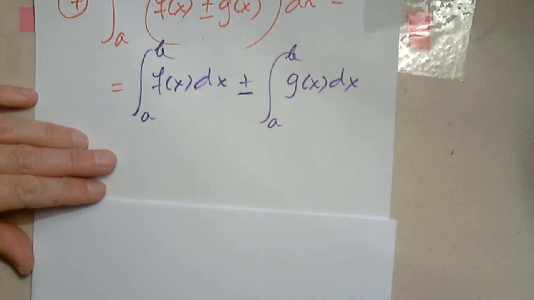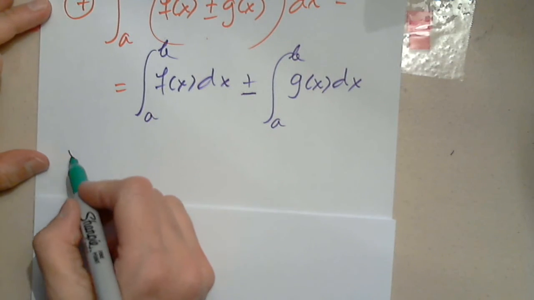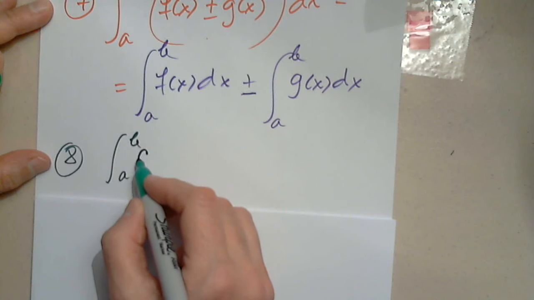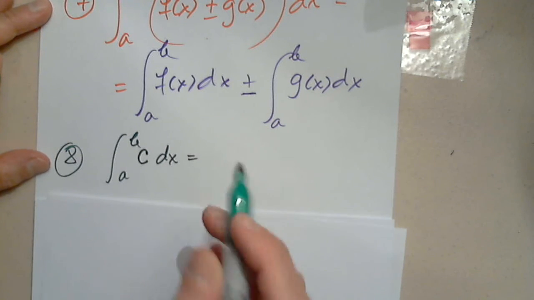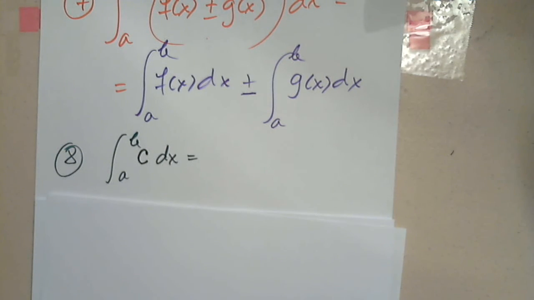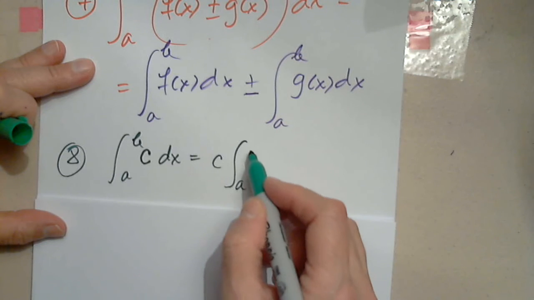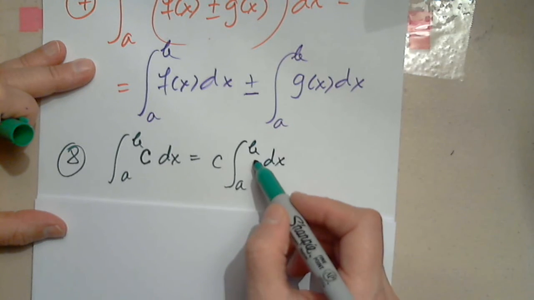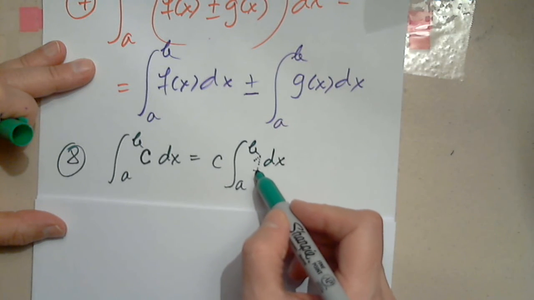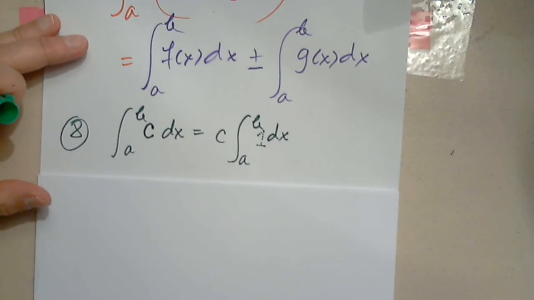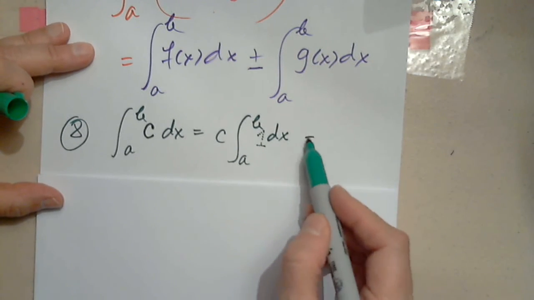Next property. The integral from a to b from a constant dx. The function is just a constant. That's what it is. And you can say, okay, take it in front. Fine, I'll take it in front. So now the function becomes 1. Okay, let's say I don't know what that is. Although I do.